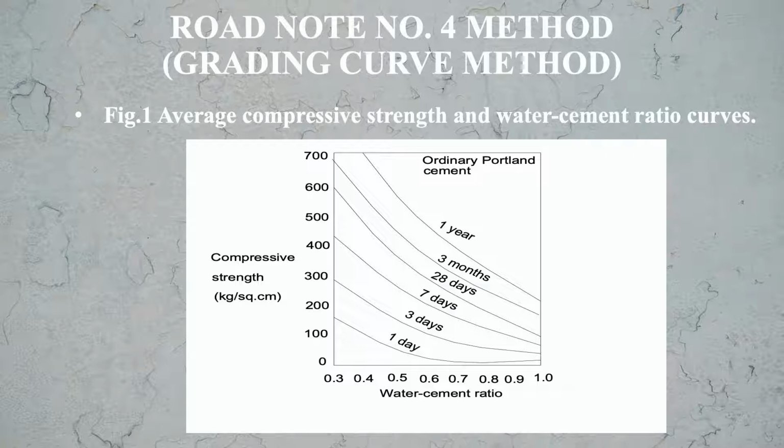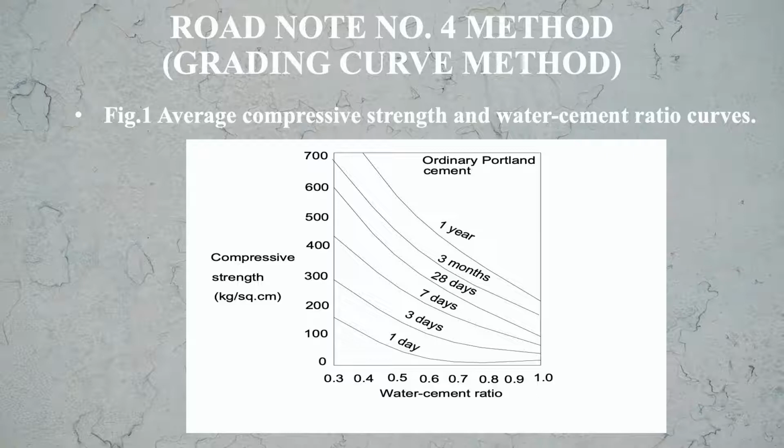On x-axis, water cement ratio is given from 0.3 to 1. On y-axis, compressive strength in kg per centimeter square is given. And you see different curves for different ages of the concrete. At different age of the concrete, you get the different curve.